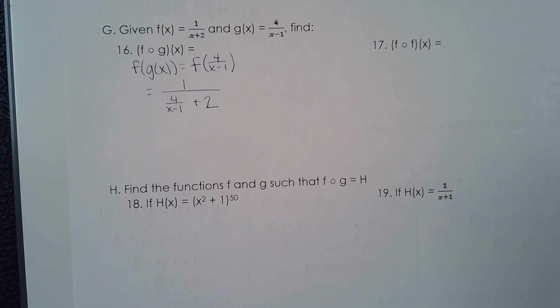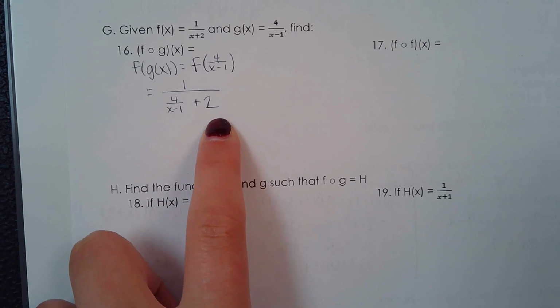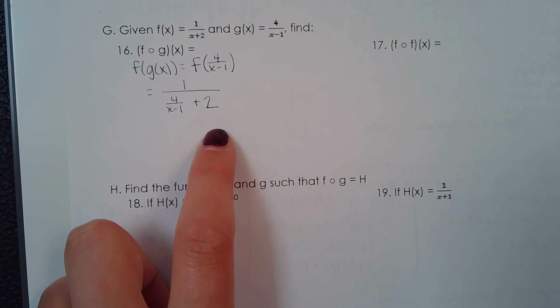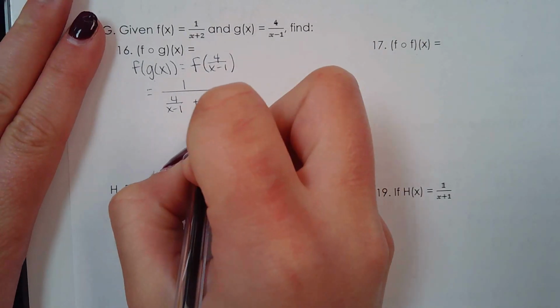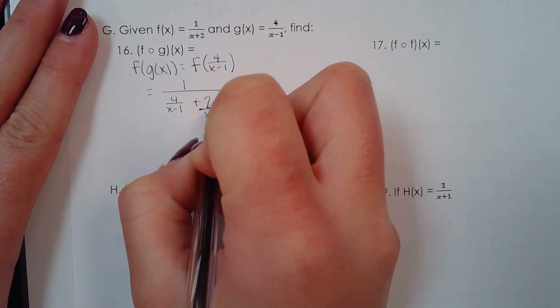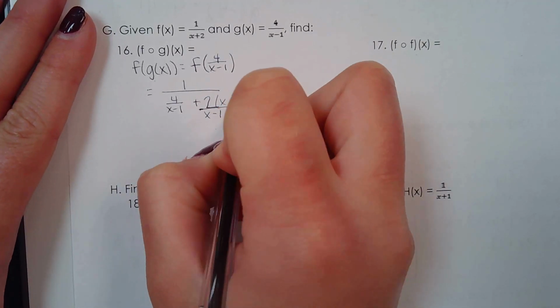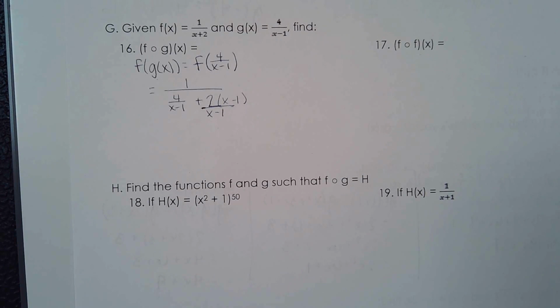So just like regular fractions, anytime you're adding, what do you have to make sure is going on? Common denominator, right? So what denominator do you think we need with this 2? It needs to be over x minus 1, right? If we add it on the bottom, you've got to have it on top as well to balance that out. Because x minus 1 over x minus 1 is like 1, so it doesn't change.